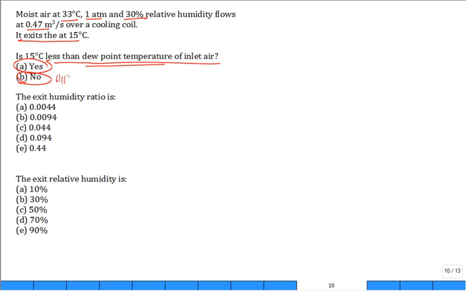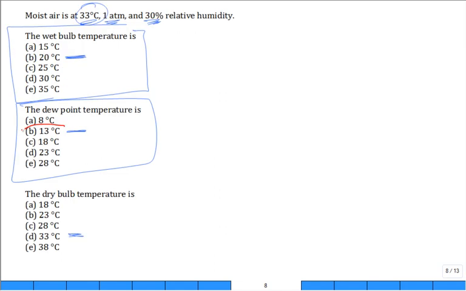You went B. You want to change your A? All right. Okay. So what is the dew point temperature for that inlet air? I think we calculated it, didn't we? 13, right? I thought we calculated, was it back here, 13? Yeah, 13. So anyway, it's close.